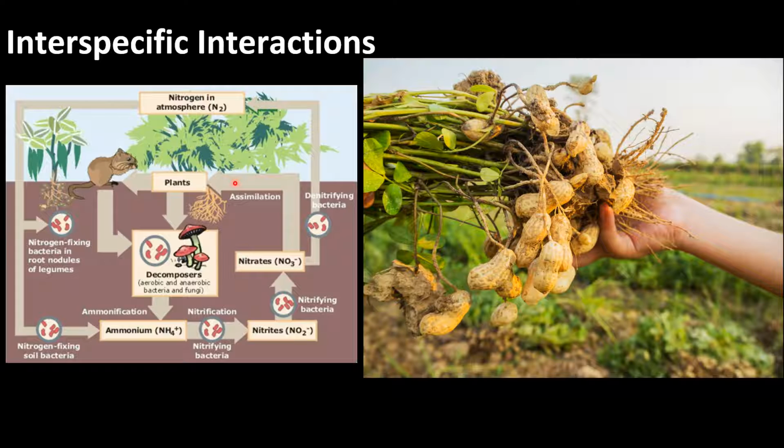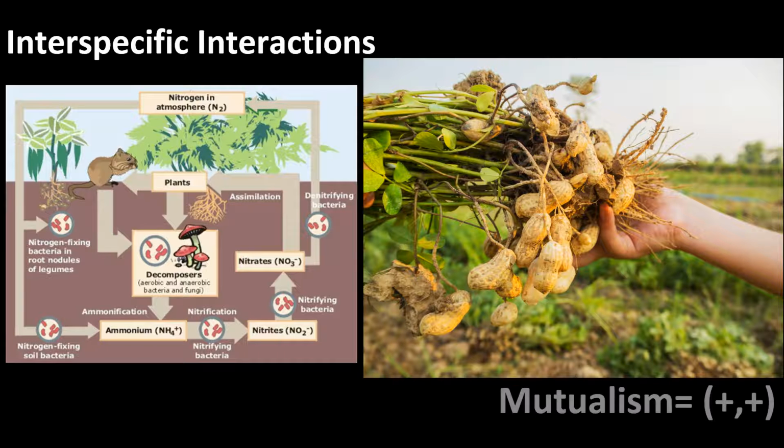The nitrogen-fixing bacteria get materials, the waste products, and some of the necessary components living in the roots, and then the peanuts actually get the fixed nitrogen, the ammonia and nitrates and nitrites that the bacteria provide. So again, a win-win situation. Again, that's mutualism, win-win.